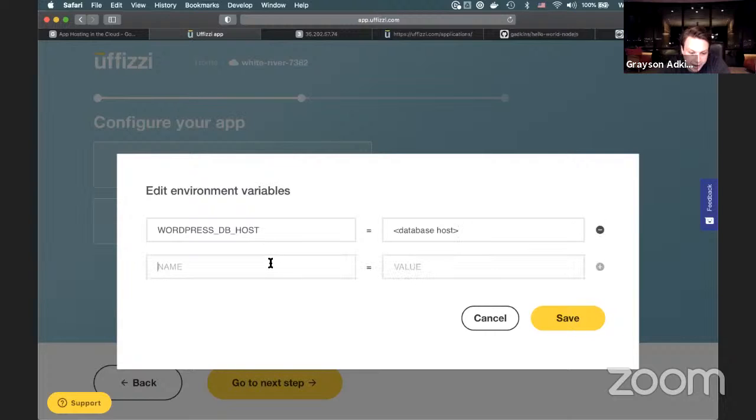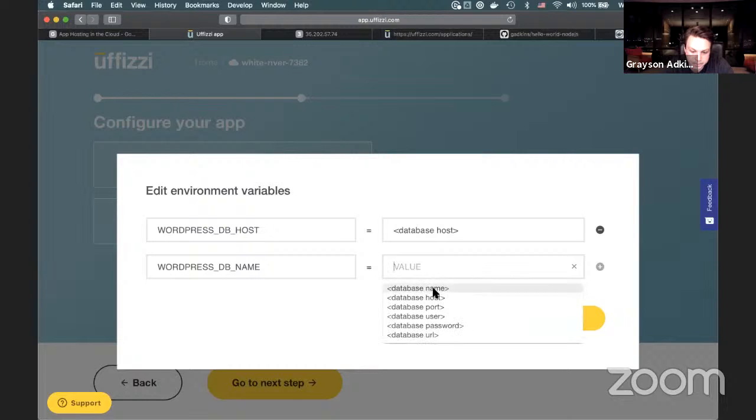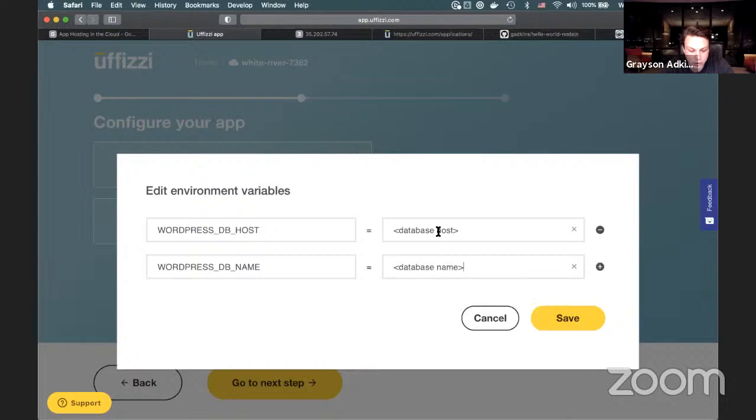So I can add all the names, the keys, in here and not have to worry about the values. When I deploy, the app is automatically going to connect to the MySQL instance.